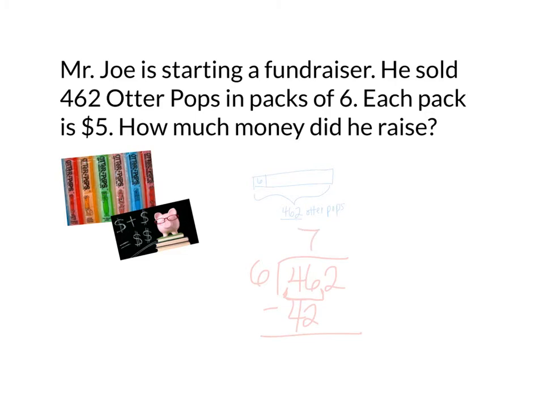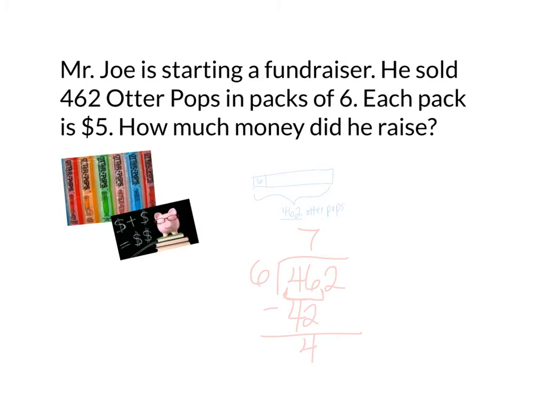And so if I use up 42 tens and I had 46 tens, how many tens are left? There are 4 tens left. Now, I can't split those 4 tens into a group of 6, can I?